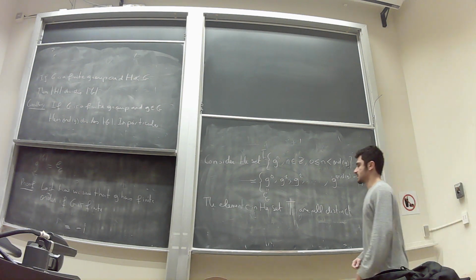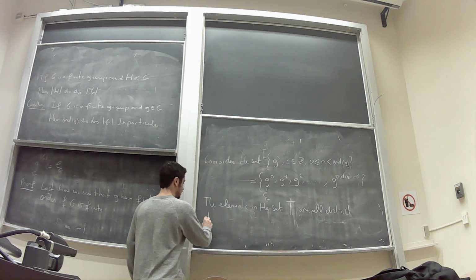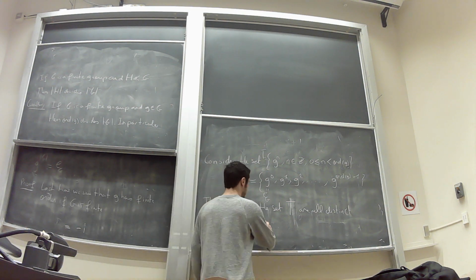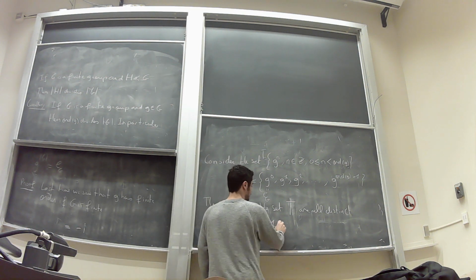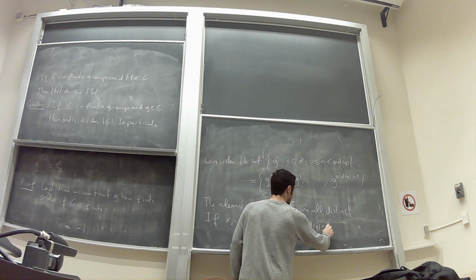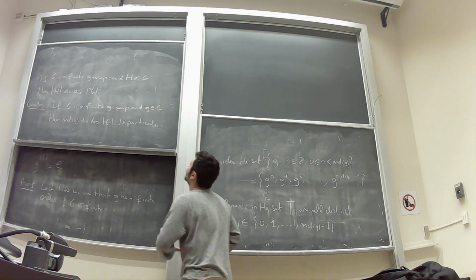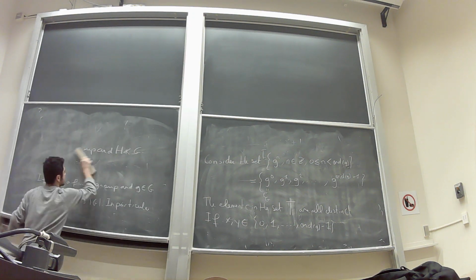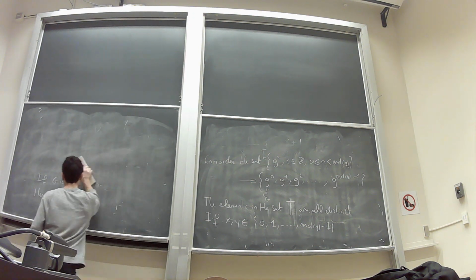Let x, y be in 0, 1, up to order of g minus 1, and g to the x is equal to g to the y.